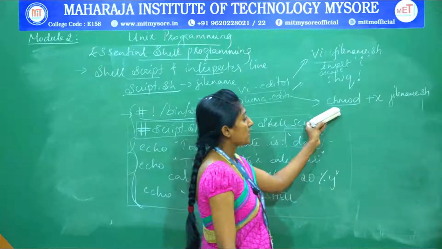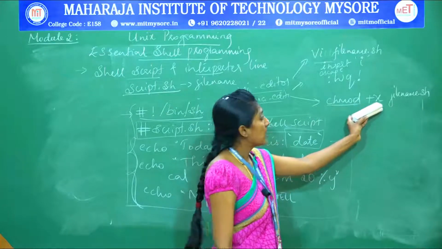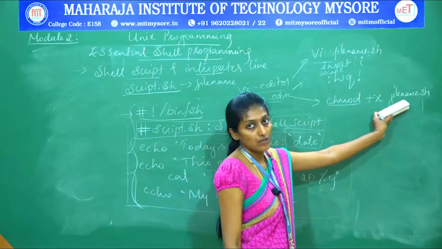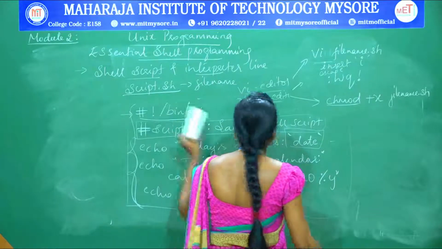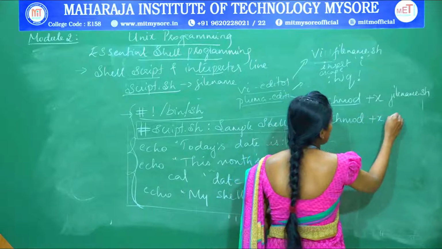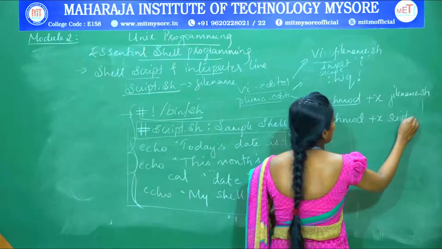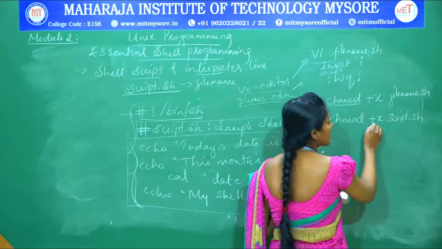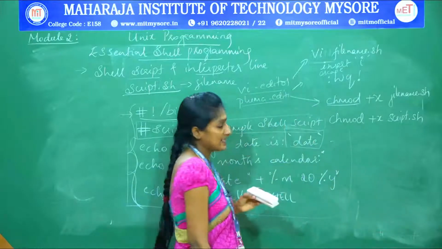So chmod +x assigns the execution permission for file name dot sh. For this, the file name is script.sh, right? So chmod +x script.sh assigns the execution permission for script.sh.